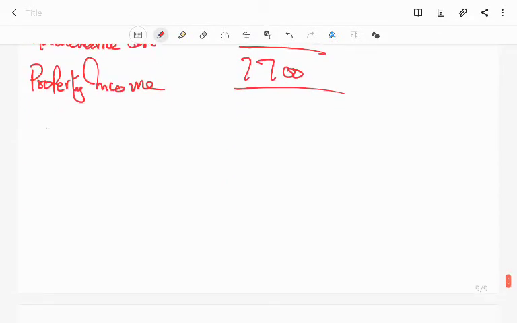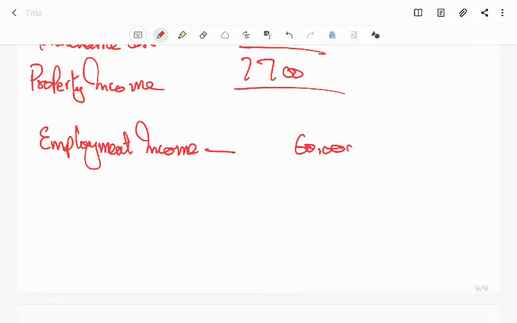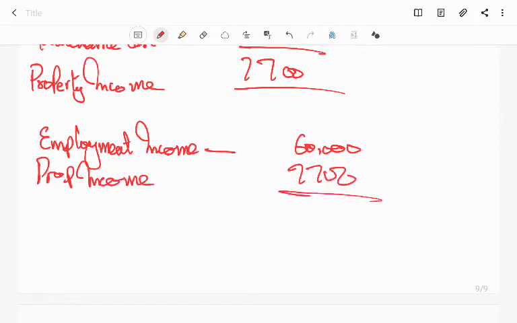Employment income 60,000. Property income 7,700.